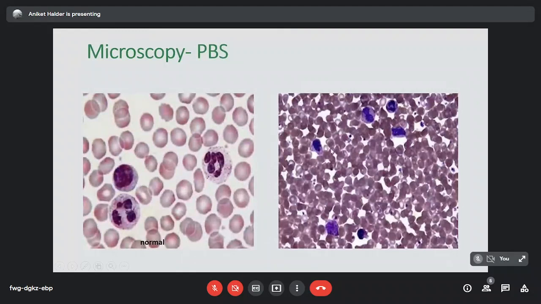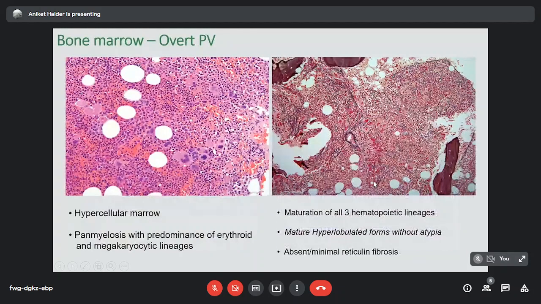So if we look at the peripheral blood smear of a case of polycythemia vera, there will be an increased population of red cells and increased overlapping and density of the red cells, as seen in the figure. Now, if we look at the bone marrow of an overt polycythemia vera, we will find a very hypercellular marrow, as is seen here, with only a few fat spaces being seen, and there will be panmyelosis with predominance of the erythroid precursors and the megakaryocytic precursors.